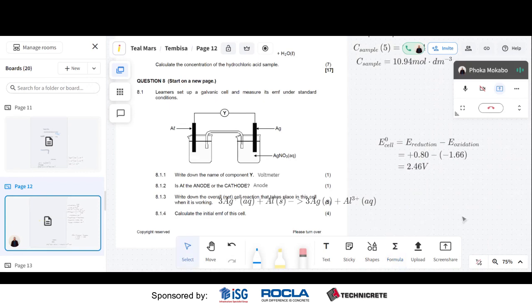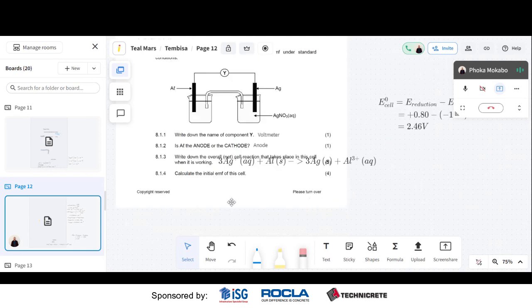Right, there you go. And right there, you would have calculated 2.46 volts, which is the initial EMF of the cell.